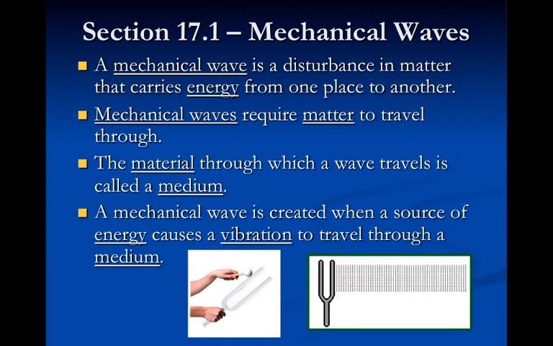So if you look at the picture of the tuning fork at the bottom of the screen, anybody who plays the piano or is in the band is probably aware of what a tuning fork is. When you strike the tuning fork, which is metal, it causes a vibration in the metal, and the metal produces a tone.